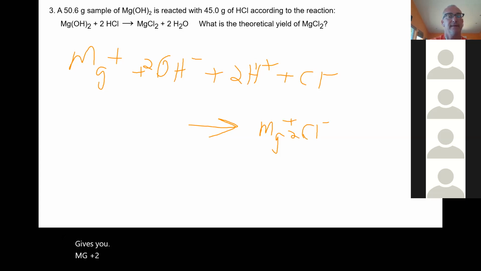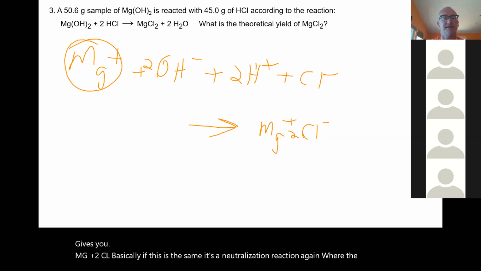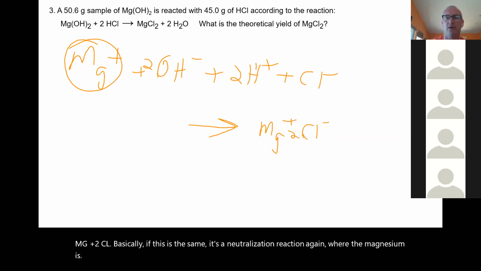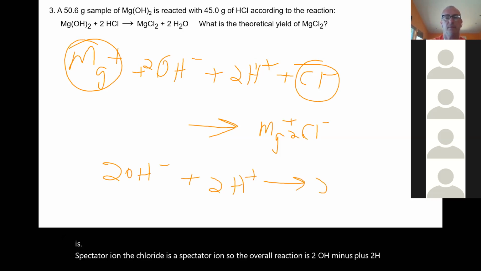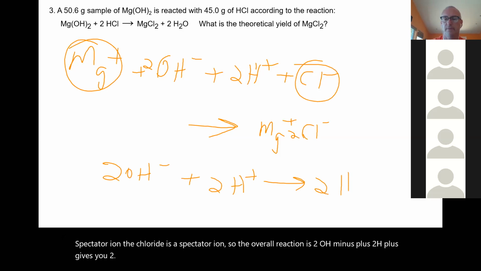This is a neutralization reaction again, where the magnesium is a spectator ion, the chloride is a spectator ion. So the overall reaction is 2OH minus plus 2H plus gives you 2 waters.